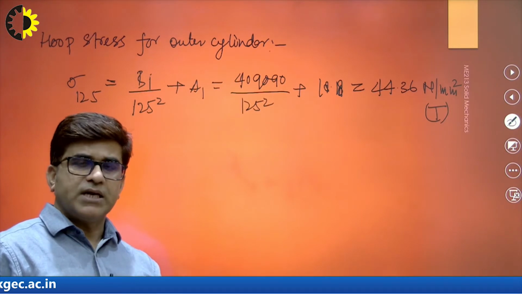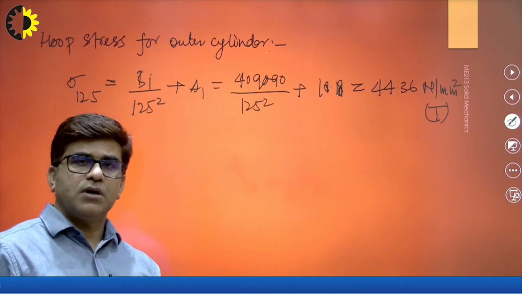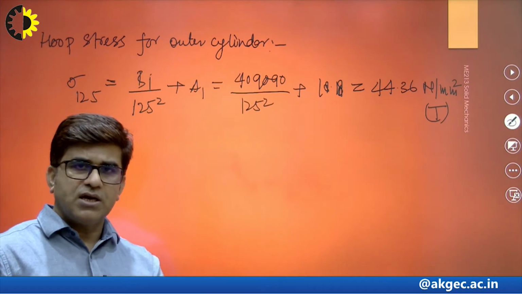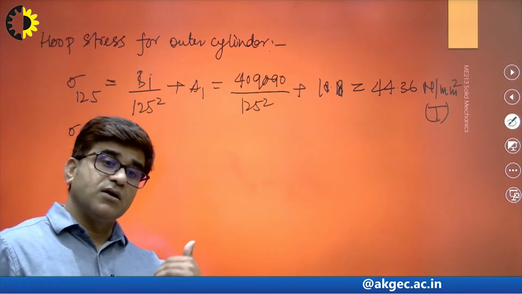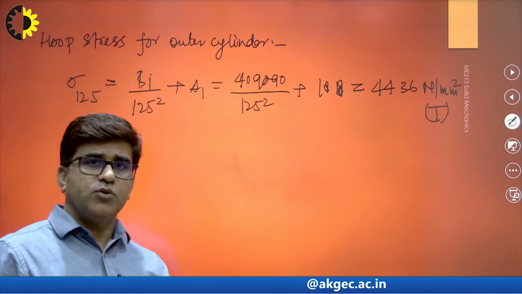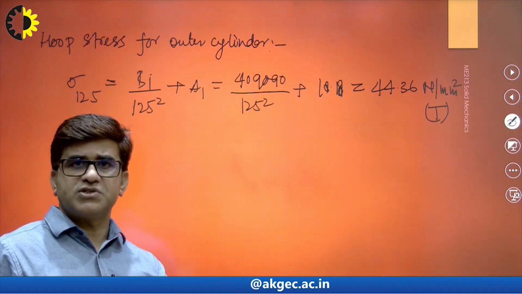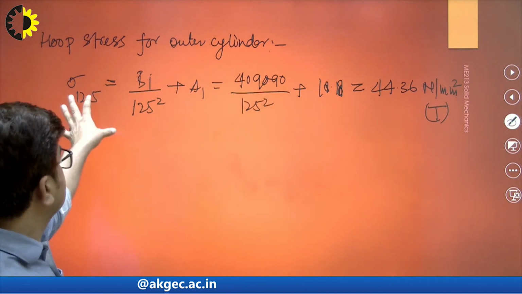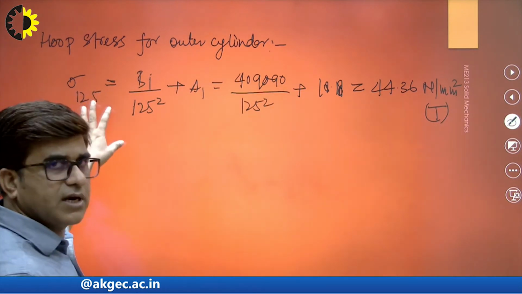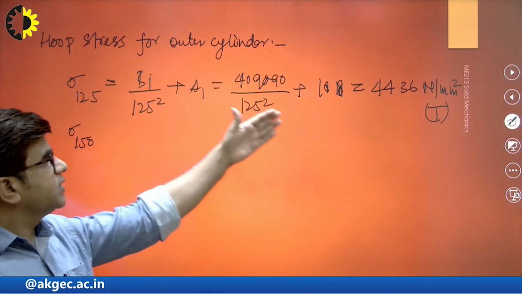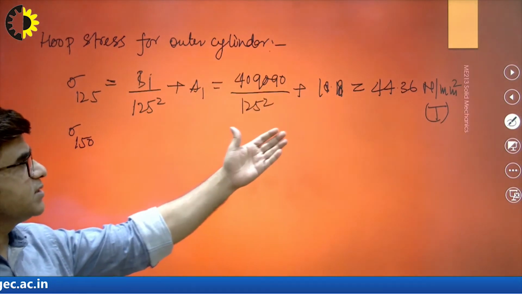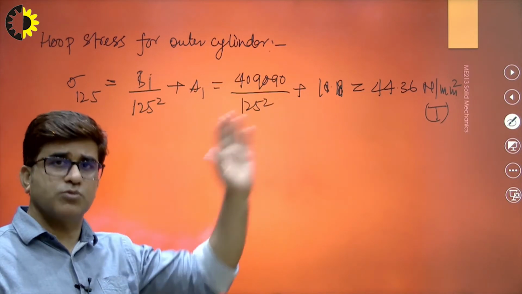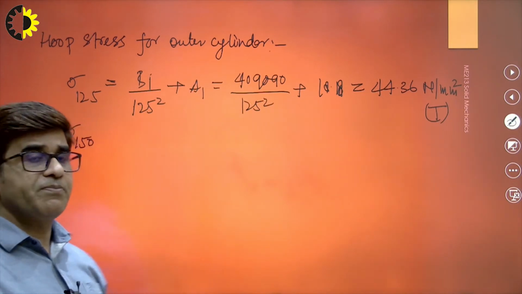Means in the outer tube a tensile hoop stress will be induced at the junction and at the outer radius, and for the inner tube a compressive hoop stress will be induced. So at the junction at radius 125 mm, this comes out as 44.36 Newton per mm square, and this is tensile in nature, means this is positive hoop stress for the outer tube at the junction.